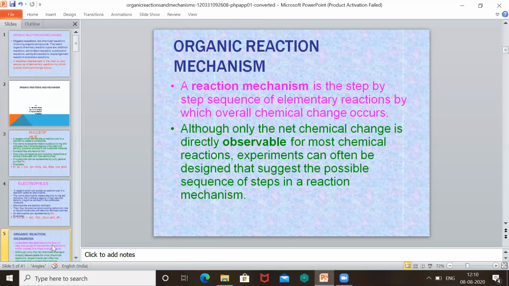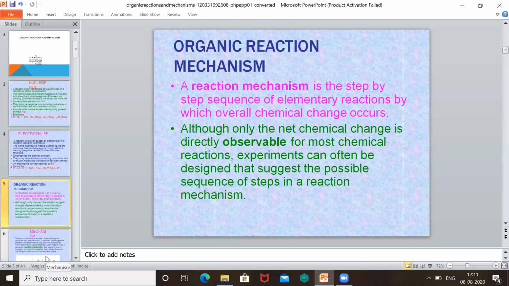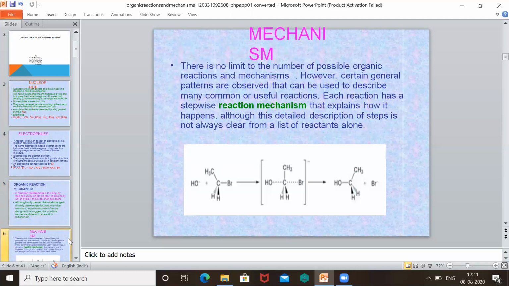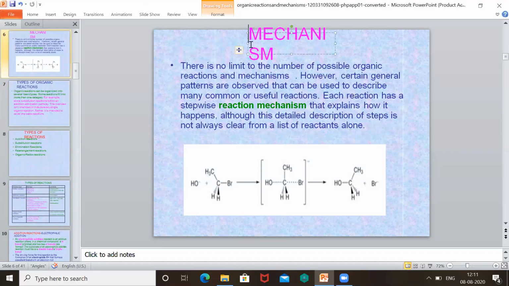If we arrange these steps in sequence, we get a mechanism, and that is called a step-by-step or sequence-wise mechanism.